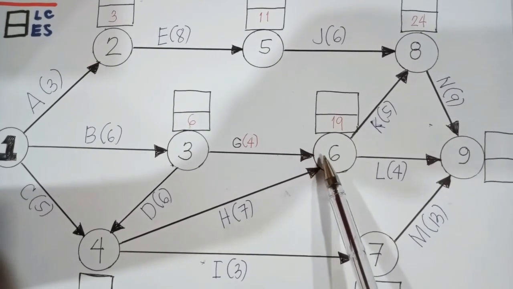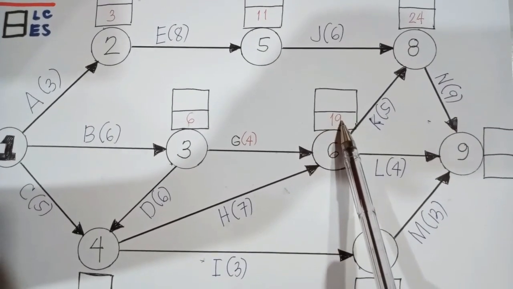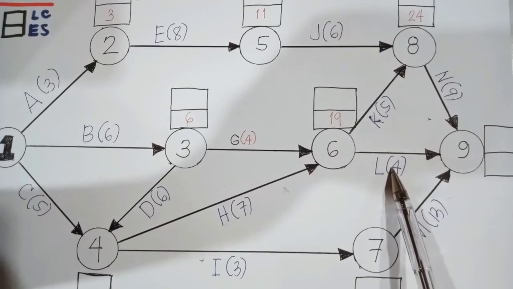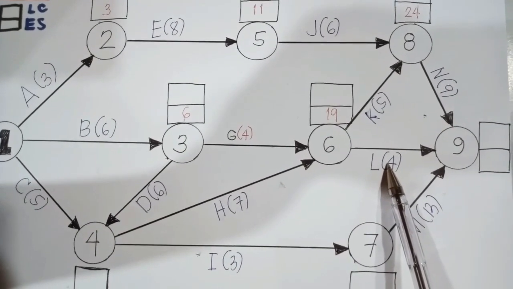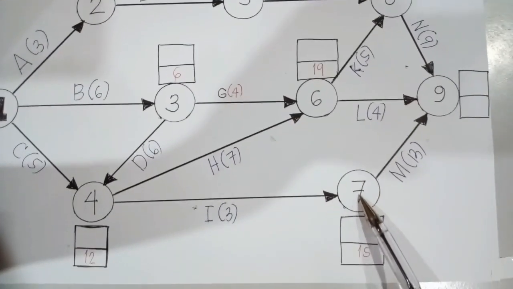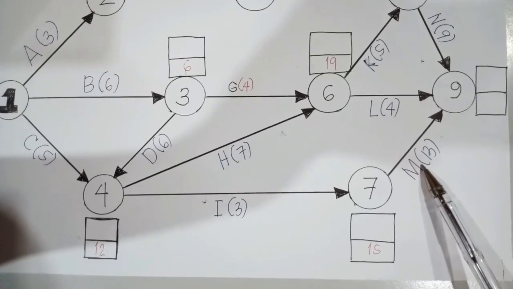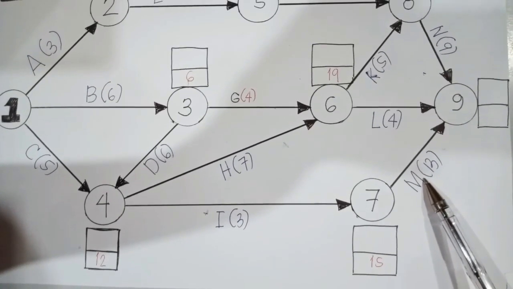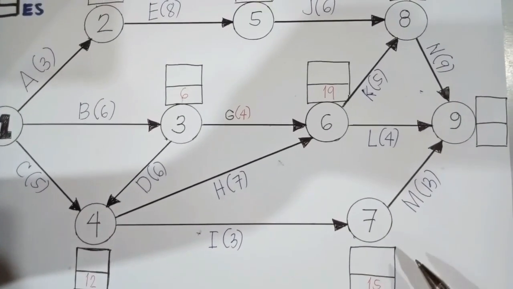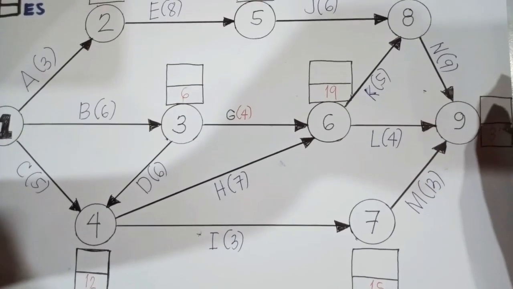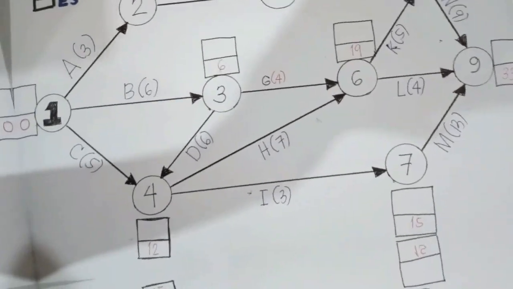For node number 6, your earliest start time is 19 plus duration of 4, so that would be 23. And for node number 7, your earliest start is 15 plus duration of 13, that would be 28. So maximum is 33. And therefore, that will be the earliest start time for node number 9.